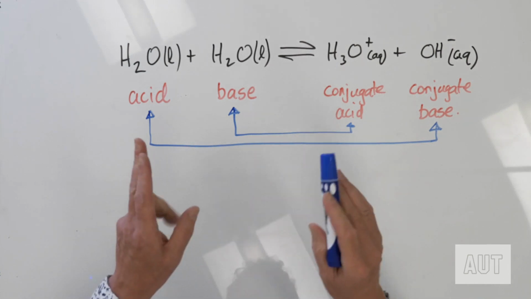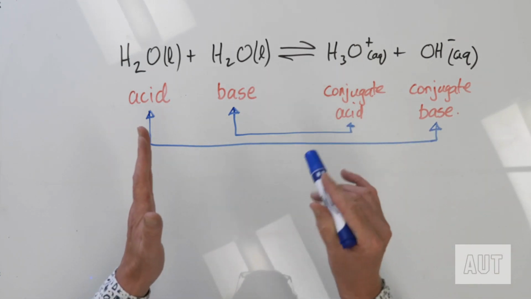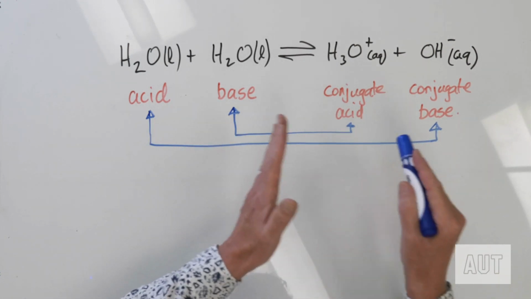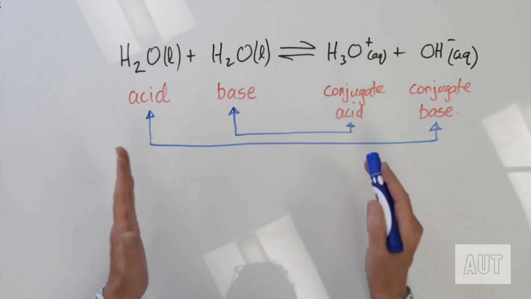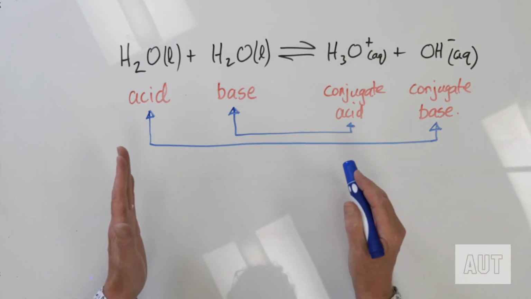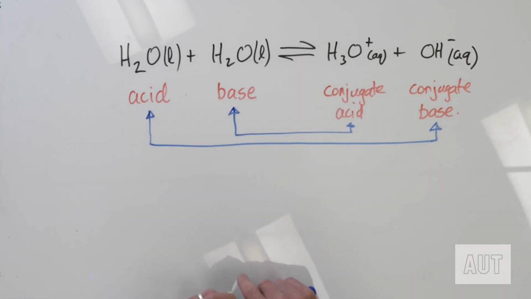So that's what we're going to have. We're going to have 2 conjugate acid-base pairs in any acid-base reaction. Okay? So we're going to have 2 species on either side of the equilibrium arrow. One's an acid, one's a base, one's an acid, one's a base, and they are related as conjugates, and they differ by a single proton. Okay? So that's a little bit of terminology for you.